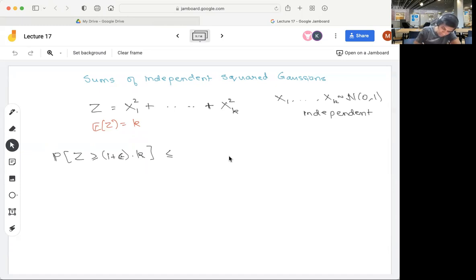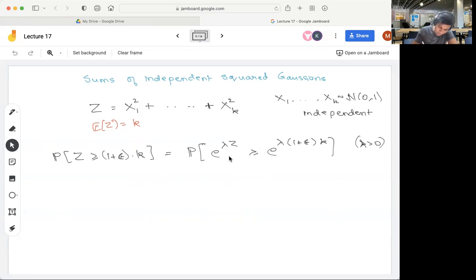So we'll actually use the fact that here we can write the probability as the probability that e to the lambda Z is greater than or equal to e to the lambda times 1 plus epsilon times k, for any positive choice of lambda. And we'll choose lambda in a bit, but we can analyze this event for any positive lambda that we're interested in.